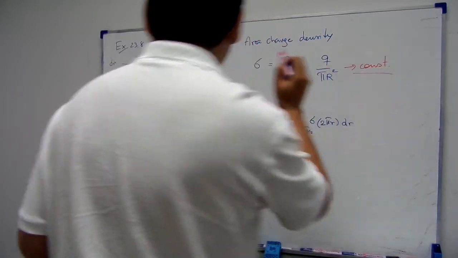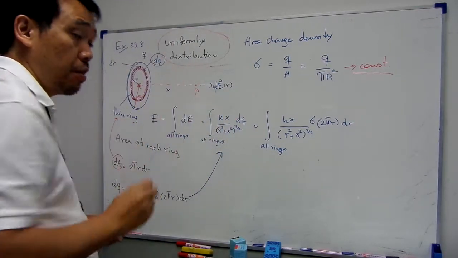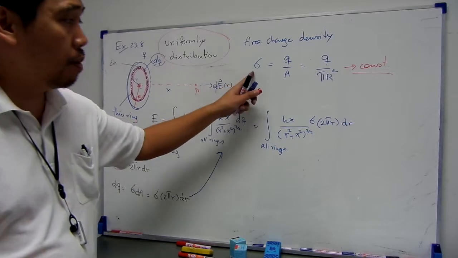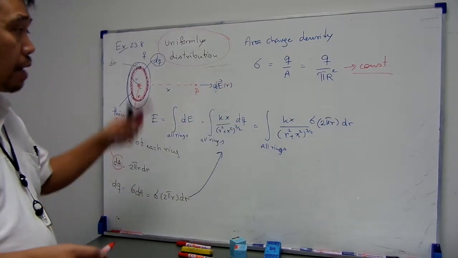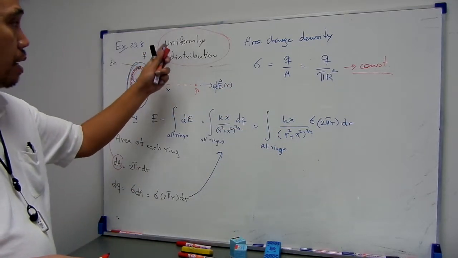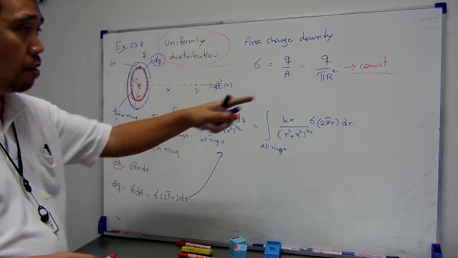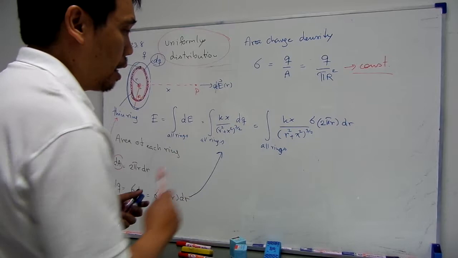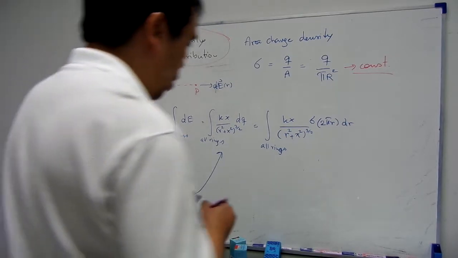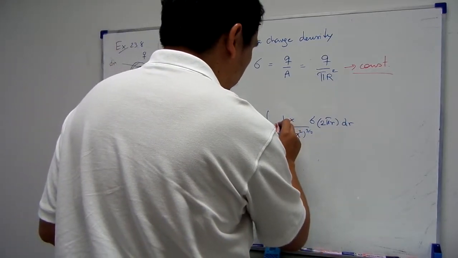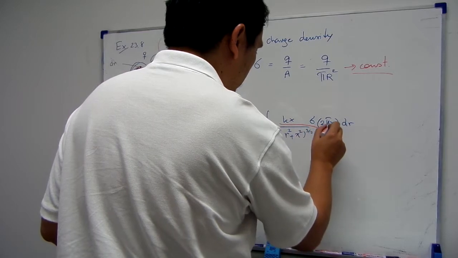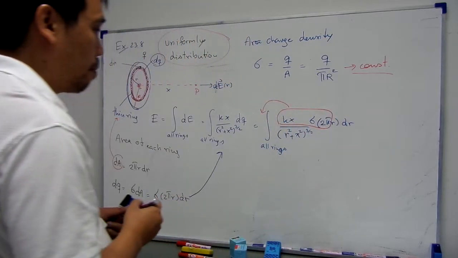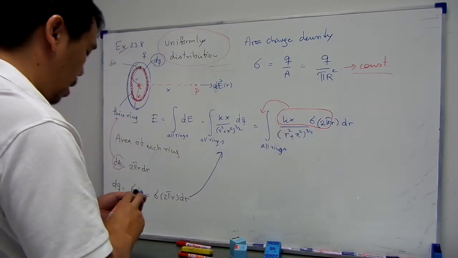This is true only when the charge is uniformly distributed. If the charge is not uniformly distributed, you cannot assume that sigma is a constant. But in this case, we assume uniform distribution, so sigma is a constant. It means that we can take these terms out of the integration because they are all constant.